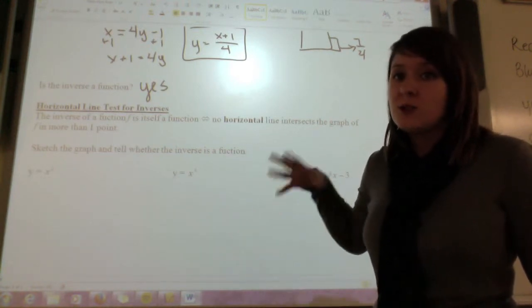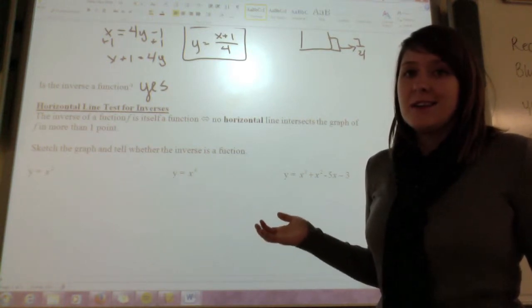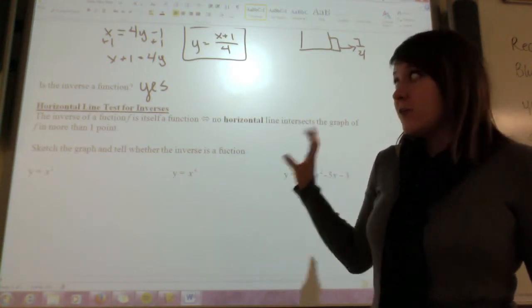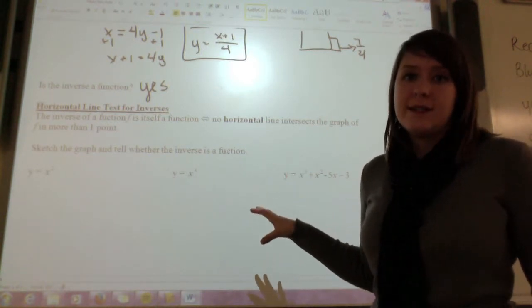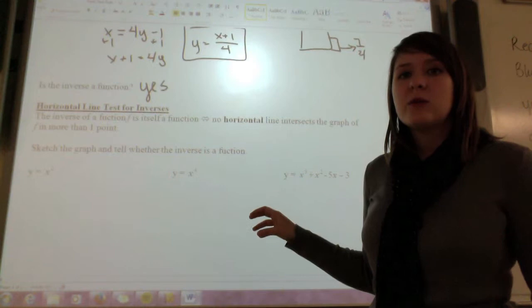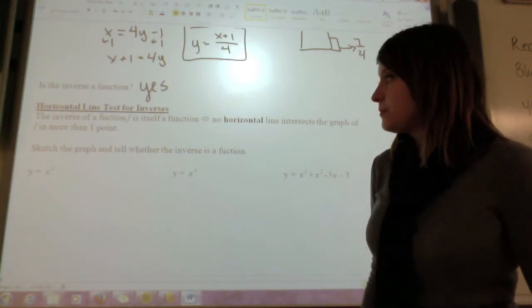Therefore, instead of actually just rotating the equation 90 degrees, I can instead just think about, if I look at this equation, would it pass the horizontal line test? Okay, if it does pass the horizontal line test, that means that the inverse would be a function.